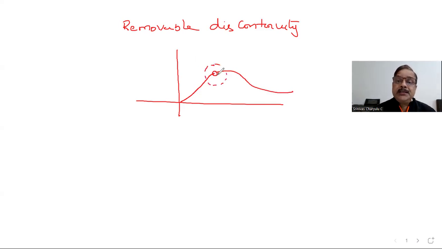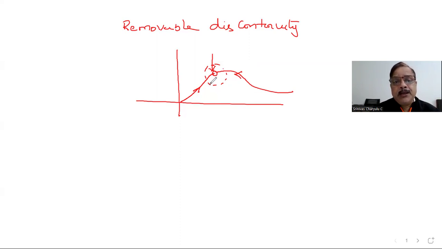This discontinuity is removable. Removable in the sense what? I will be approaching this discontinuity from this side, and the same discontinuity I'll approach from this side. So at this point, I will not directly approach because the function is not defined here. But what we do, we'll try to move towards this point from the left side and towards the same point from the right side, and then calculate the tendency of the function from both the ends to what value they are converging.